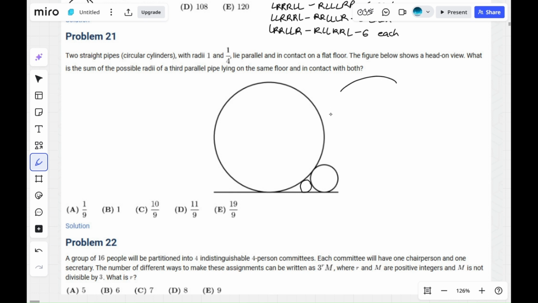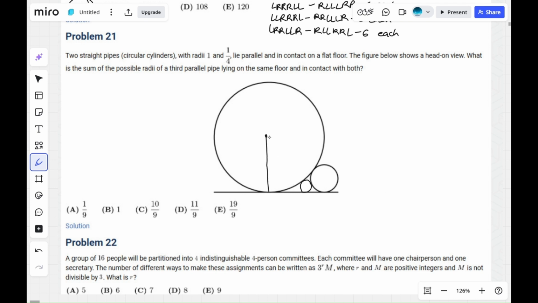where we assume that this circle is tangent to the line and the 2 circles that we're already given, which I guess it would look like that. So let's just consider the smaller case first.